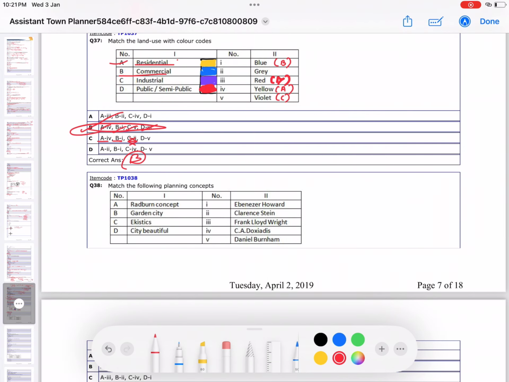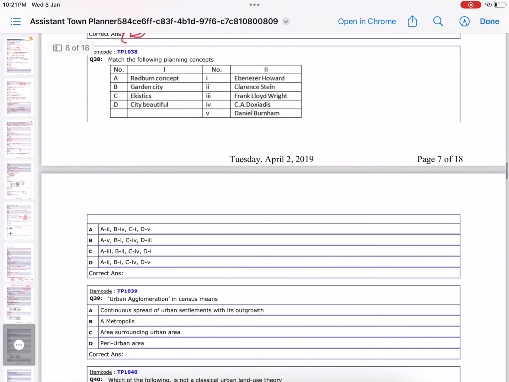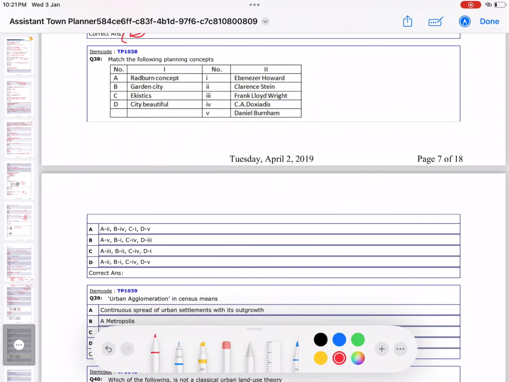Question number 38. Match the following planning concept with their propagator. Radburn concept is given by Clarence Stein, and Radburn is also known as Town for the Motor Age.